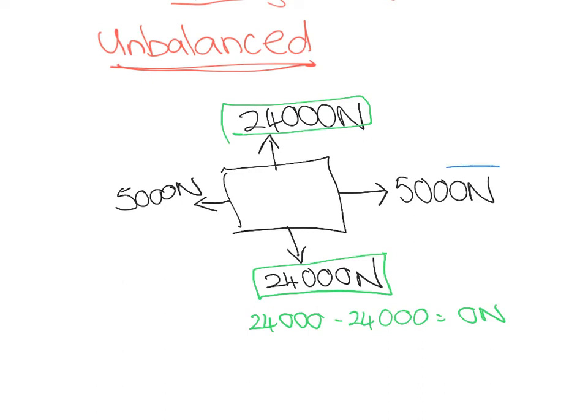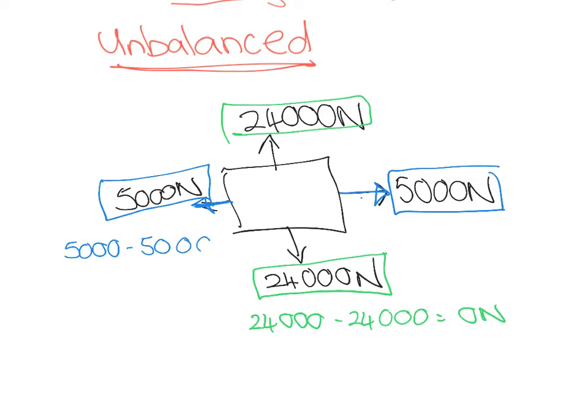But this time our push force is still 5,000 newtons, but I've changed the frictional forces. Maybe they've gone onto a smoother road or something, and so our frictional forces are also 5,000 newtons. So notice how I'm using our opposites here, our push and our frictional forces. So 5,000 take off 5,000 equals 0 newtons.